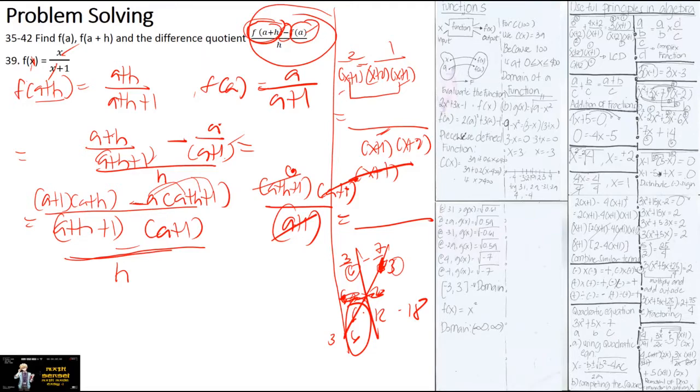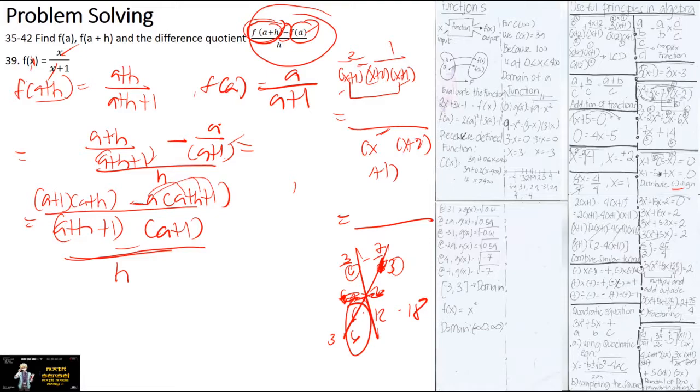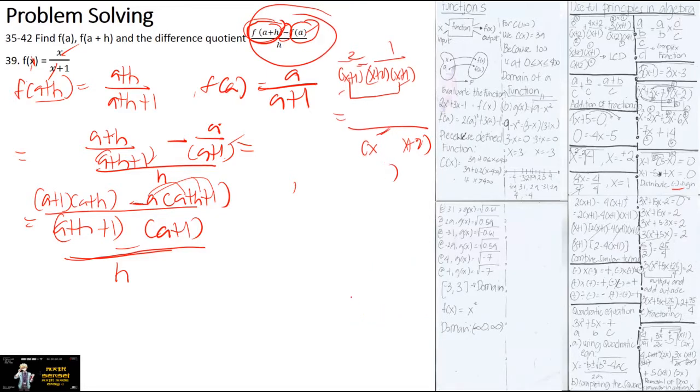Basta nilagay ko guys dito sa useful principles para at least kung ayan, ito distribute negative sign. Ayan. Okay, so ito burahin ko na ha. Mahaba tong number na to.